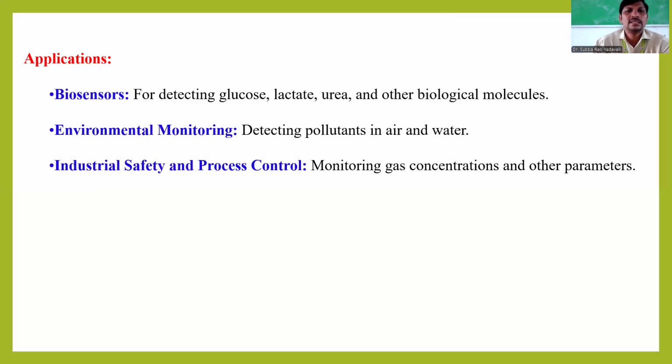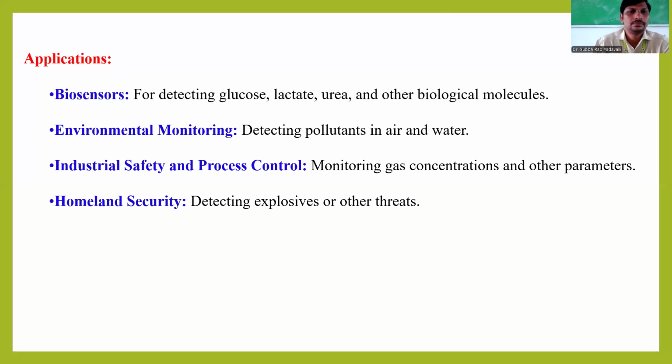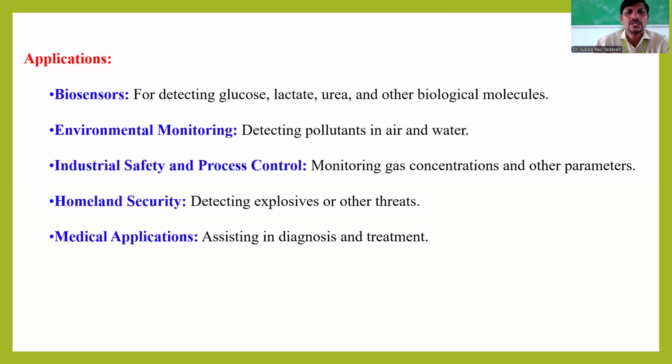Next one, industrial applications: industrial safety and process control by monitoring gas concentrations and other parameters. Next one, applications in homeland security for detecting explosives or other threats. Medical applications assisting in diagnosis and treatment processes.